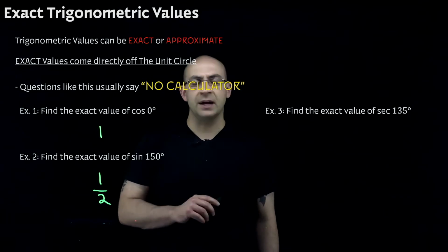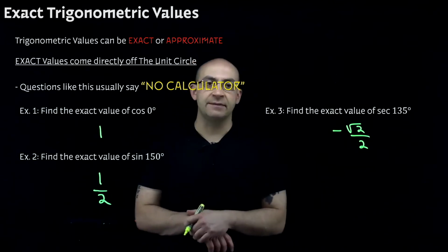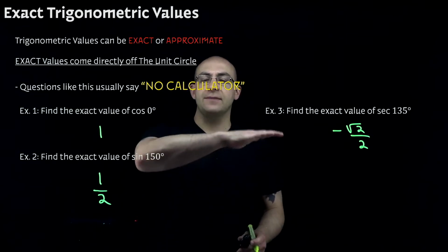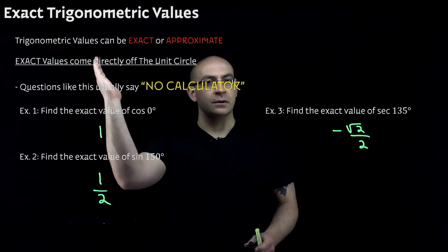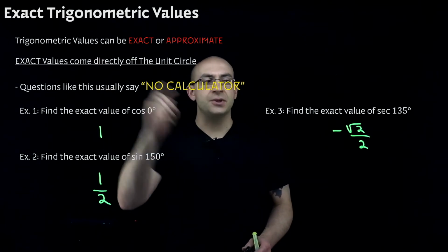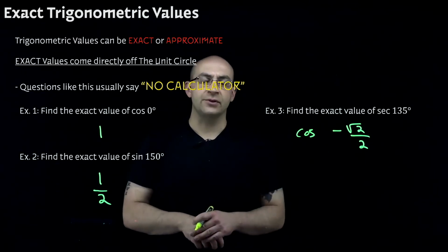So cosine of 135 degrees is negative root 2 over 2. Because remember, 135 degrees ends up in quadrant 2. Cosine values are negative in quadrant 2. So that's our cosine value at 135 degrees.